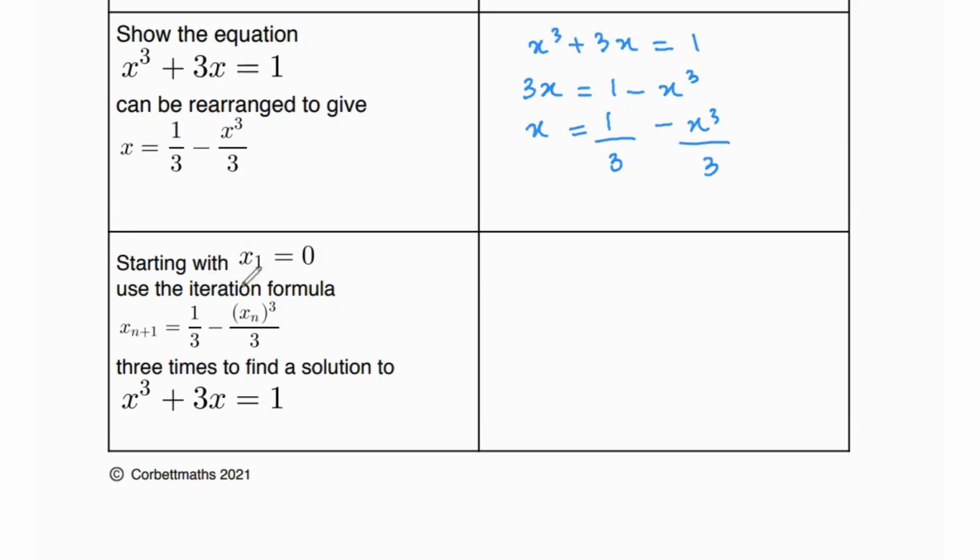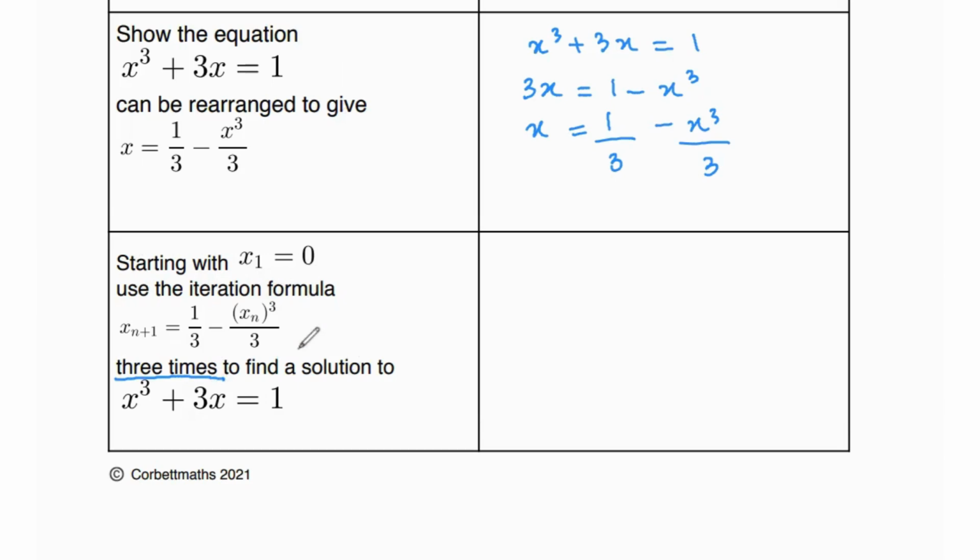Next, it says, starting with x1 equals 0, use the iteration formula xn plus 1 equals 1 over 3 minus xn cubed over 3, 3 times to find a solution to x cubed plus 3x equals 1. So we have to do this 3 times to find a solution.